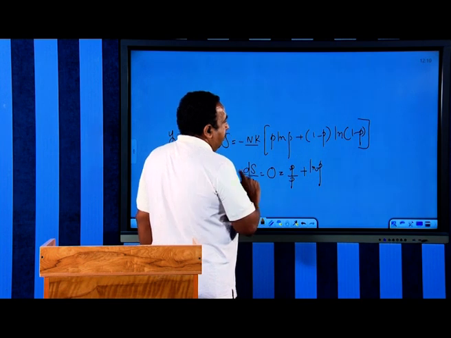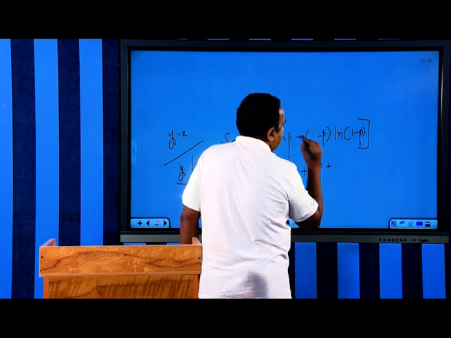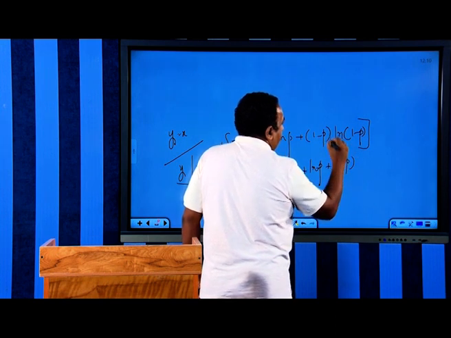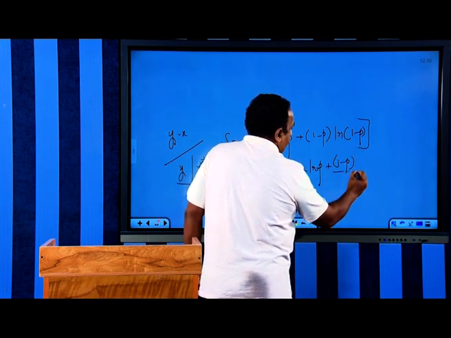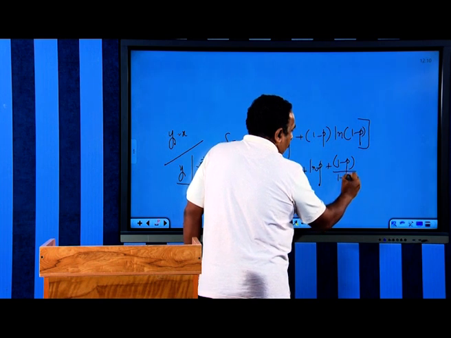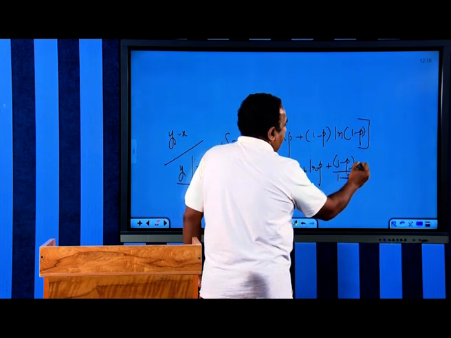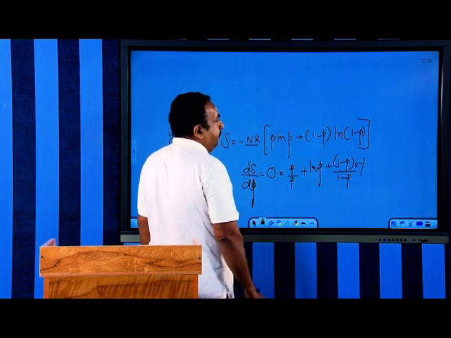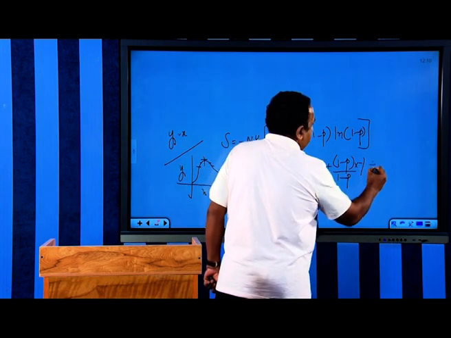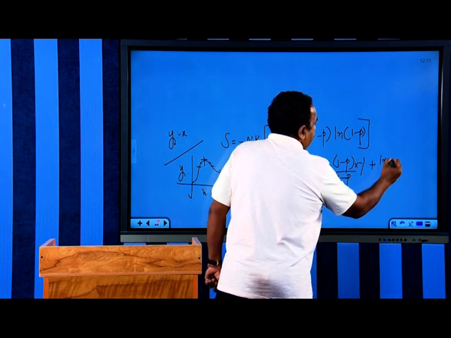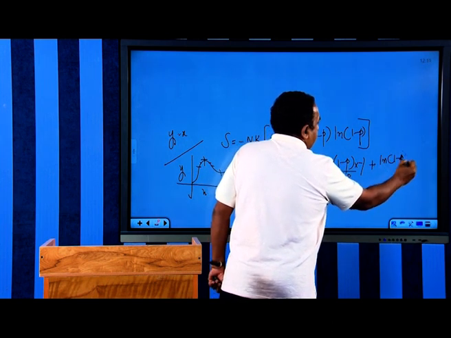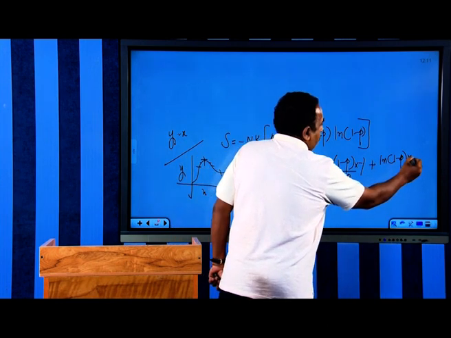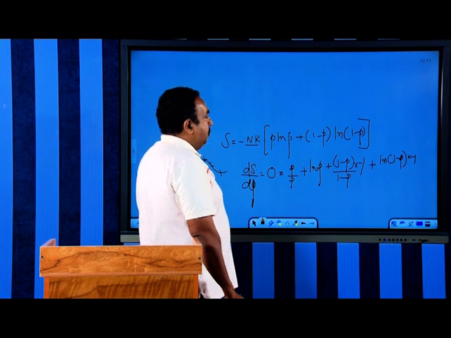Plus I have (1 minus P) log (1 minus P). Differentiating, I get 1 by (1 minus P), and there will be a negative sign since I am differentiating 1 minus P, so I get minus 1, plus log (1 minus P), and differentiating 1 minus P gives minus 1.